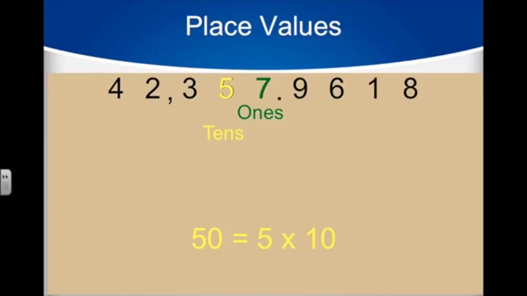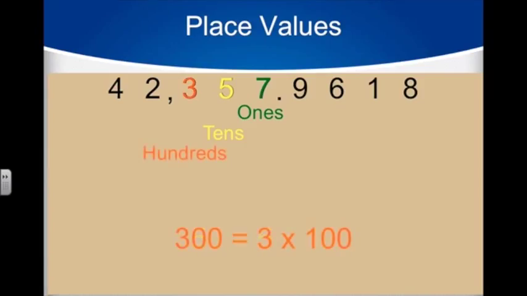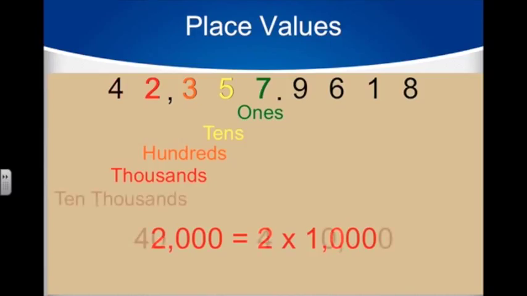It's worth 50, because 50 is 5 tens. 3 is in the hundreds place, and it's worth 300, which is 3 100s. 2 is in the thousands place, worth 2,000. It's 2 thousands. 4 is in the 10,000s place, and it's worth 40,000, because it has 4 10,000s.